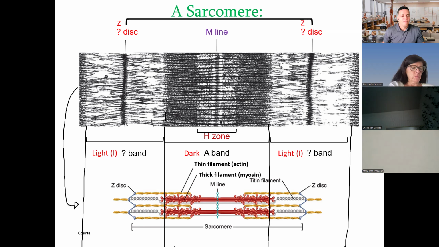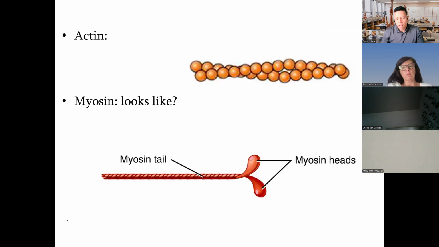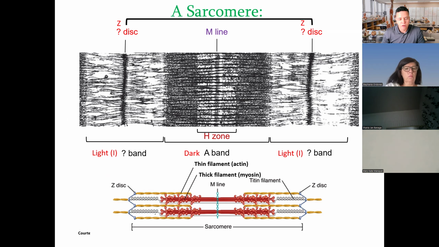Okay? Now, there's something else that I want you guys to focus on right now, and I need everybody's attention, please. I want you to notice right here, folks, how the thick filaments and the thin filaments kind of overlap. There's a little section in which they overlap, right?